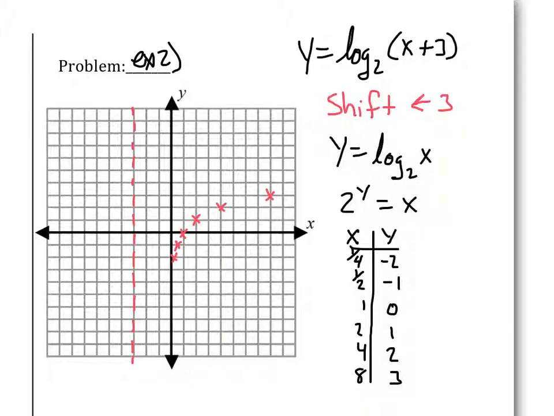So then each one of those points needs to get shifted left 3. Any questions? All right, so let's take a look again.